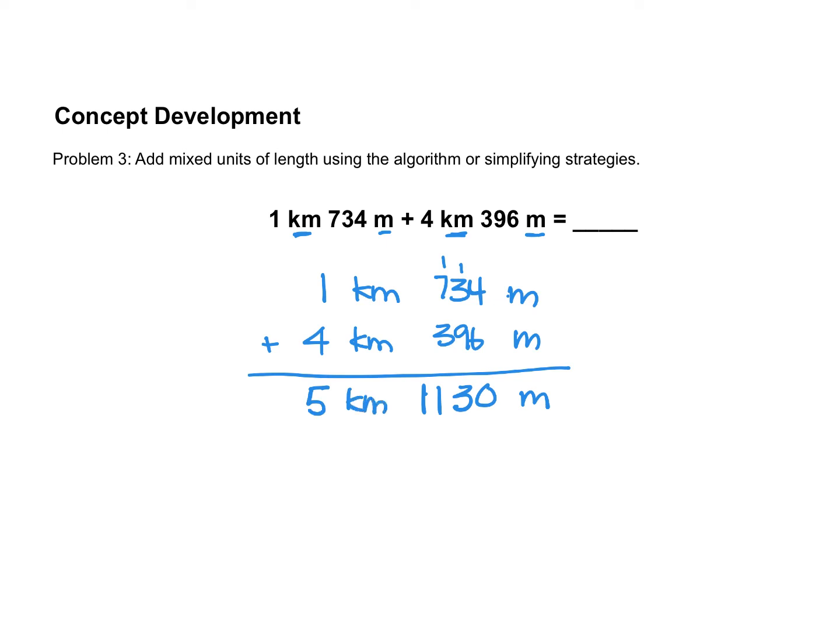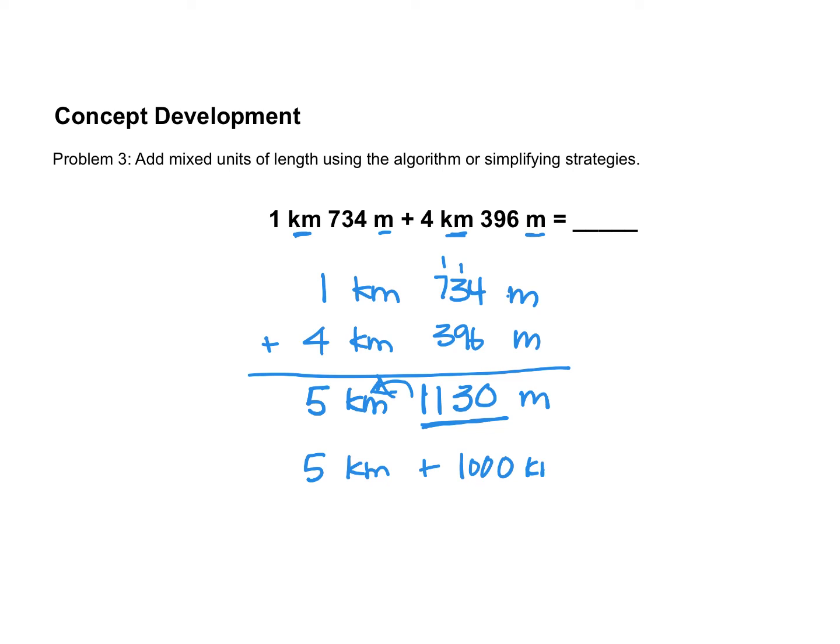Now, when you look at that, wait just a minute. When I have all these meters, I can convert 1,000 meters into kilometers, right? Because 1,000 meters is equal to 1 kilometer. So I can have 5 kilometers plus 1,000 kilometers. I'm sorry, that was wrong.